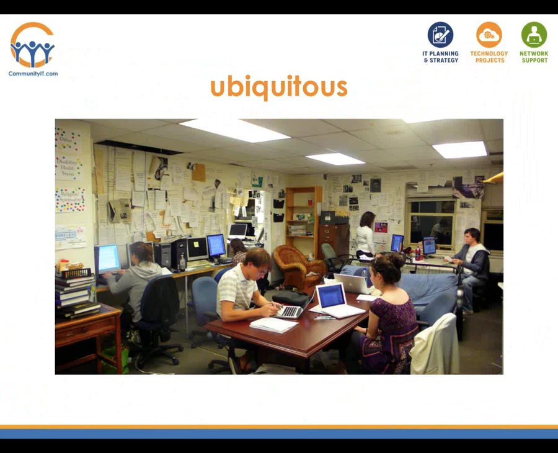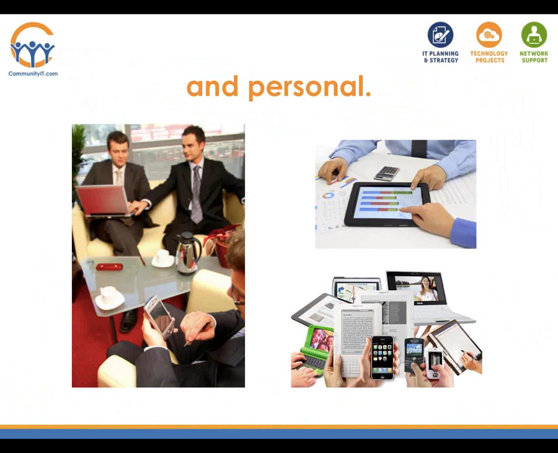Someone in the back has a tablet. Computers are everywhere these days. And in addition to being everywhere, they've also become very personal. So instead of the computer being something that is in another room in a different part of the organization, it's something that you carry around with you. And this is really a function of how much the technology has changed and advanced.